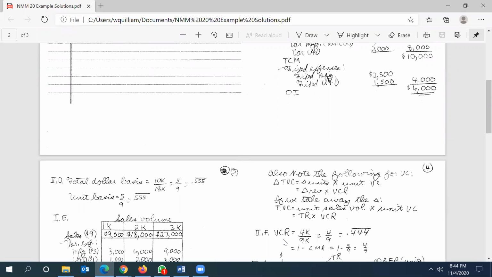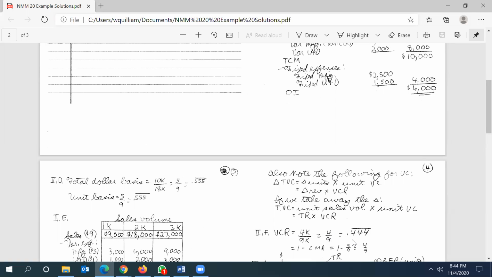Variable cost ratio. So in our case, a total of $4,000 of total variable cost divided by $9,000 of sales revenue. That reduces to a fraction of 4/9, which will sound familiar because $4 is variable cost per unit, $9 is price per unit. So it equals 0.444 repeating decimal.